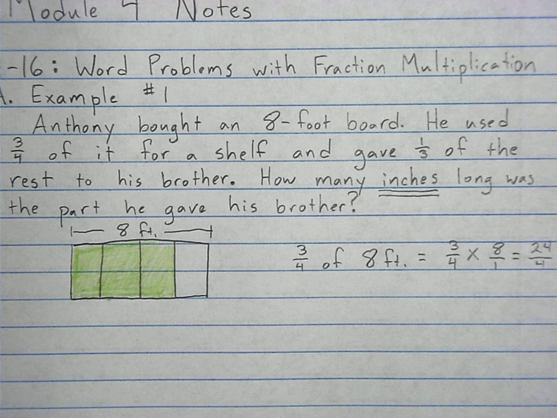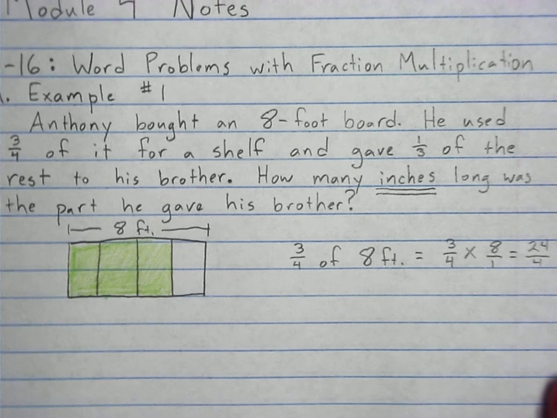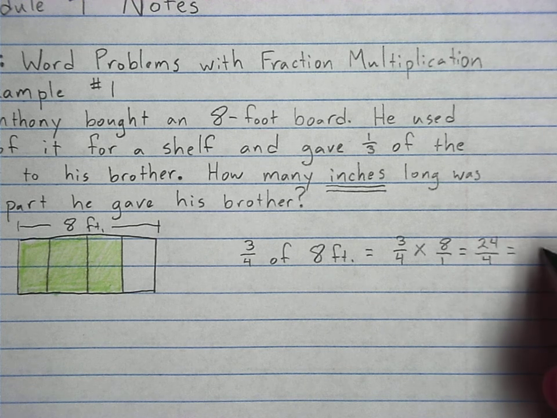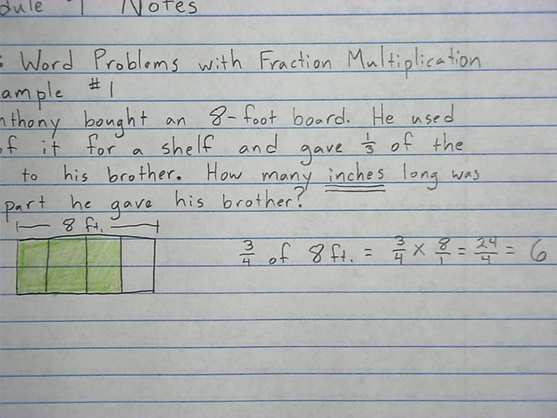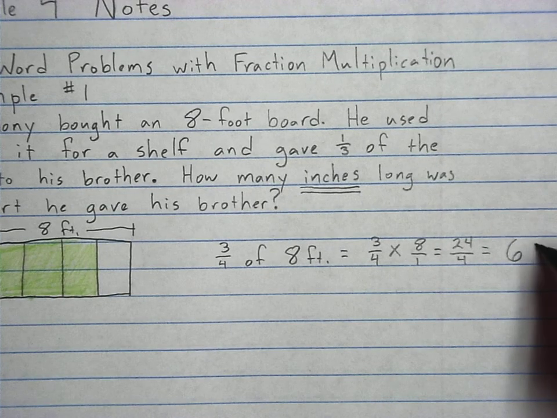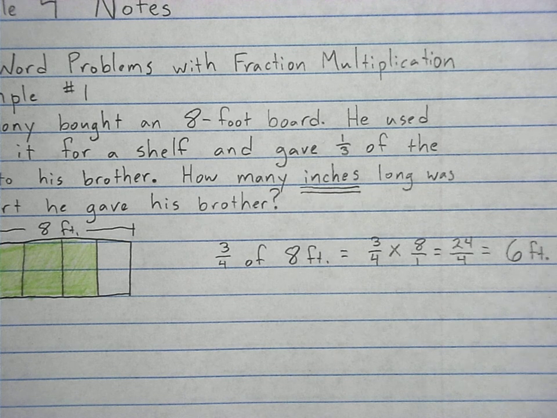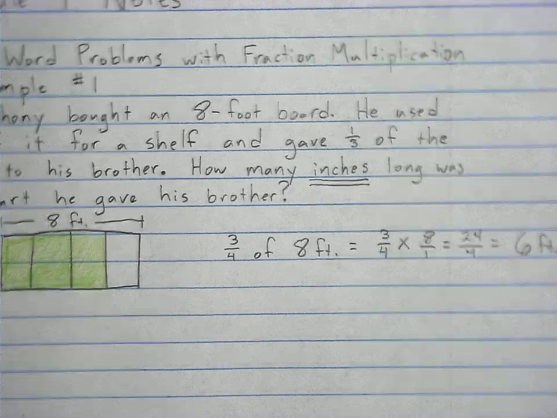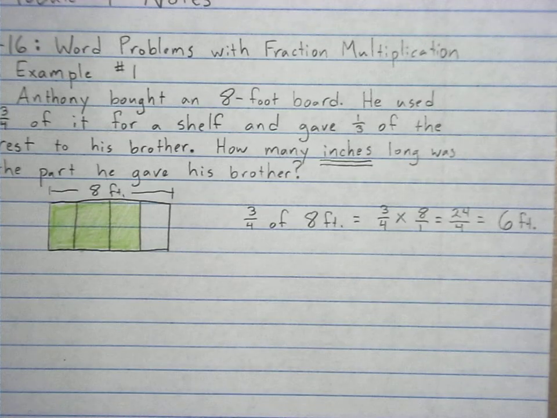And 24 divided by 4 is 6. So Anthony used a total of 6 feet for the shelf.